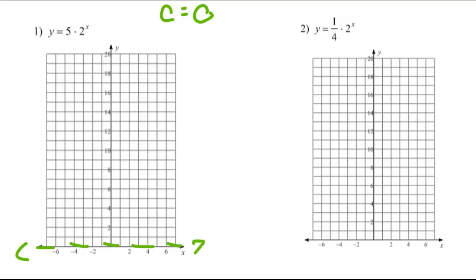Now we're going to look at our a value, and you remember our a value is what it starts above the asymptote. Since the asymptote is 0, the amount above the asymptote would be 0 plus 5, which is 5. So I'm going to go up to 5 and put my very first point.